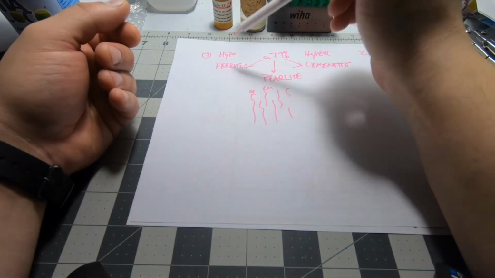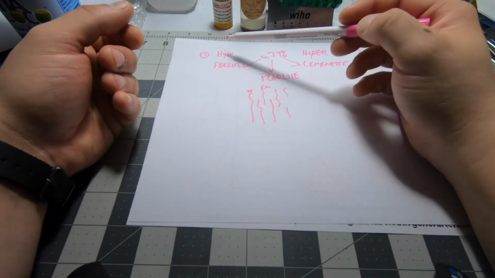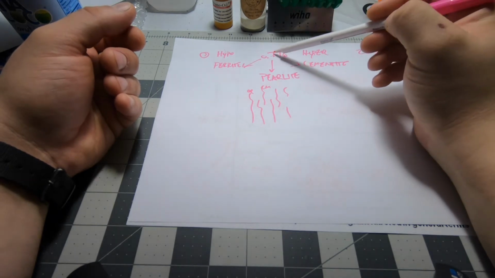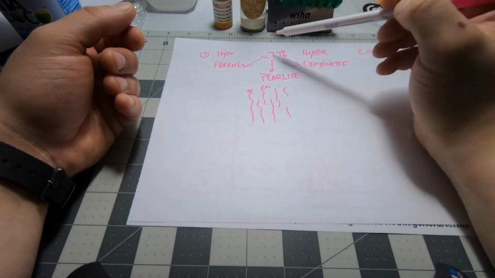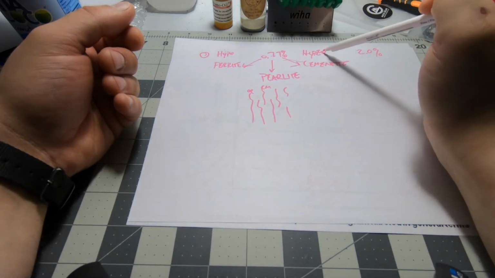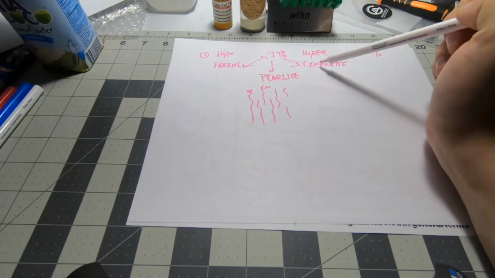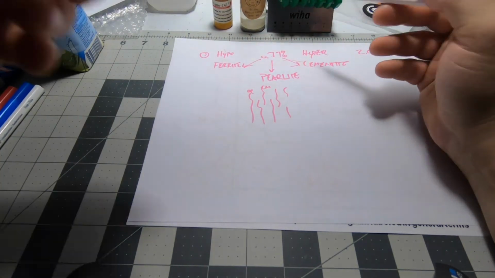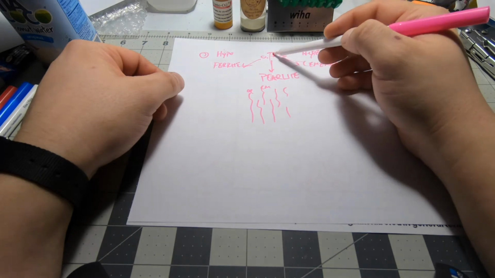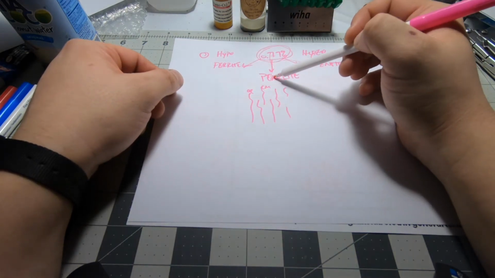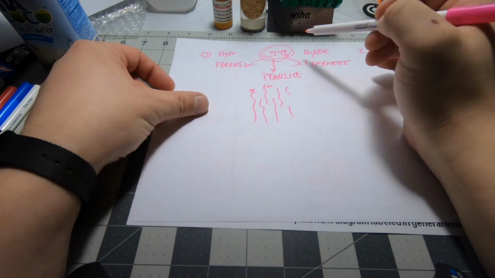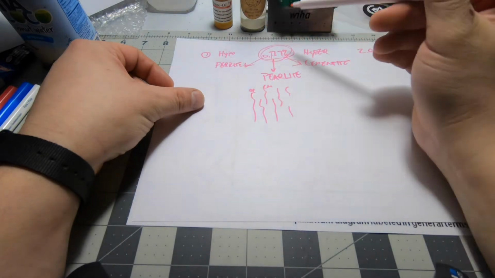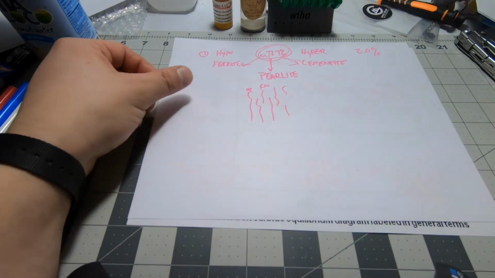Hypo, we heat it, we start with ferrite and we get austenite. This contains both, and then with hyper we start with cementite, and we heat it, we get austenite. When we cool this guy, we get perlite. These don't get perlite in them. These just get ferrite and cementite.